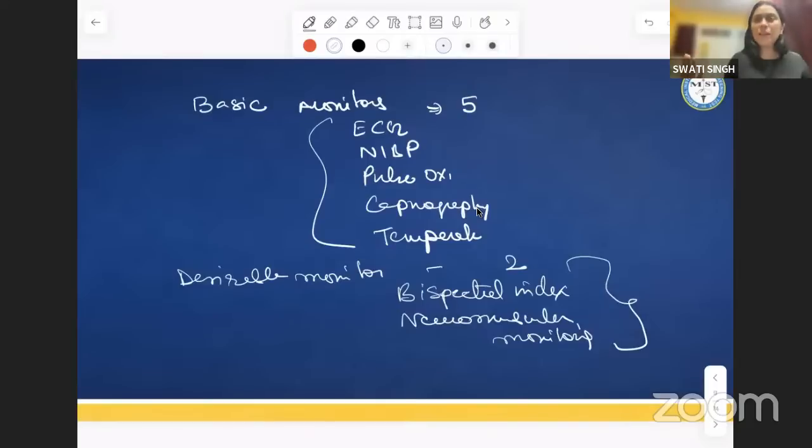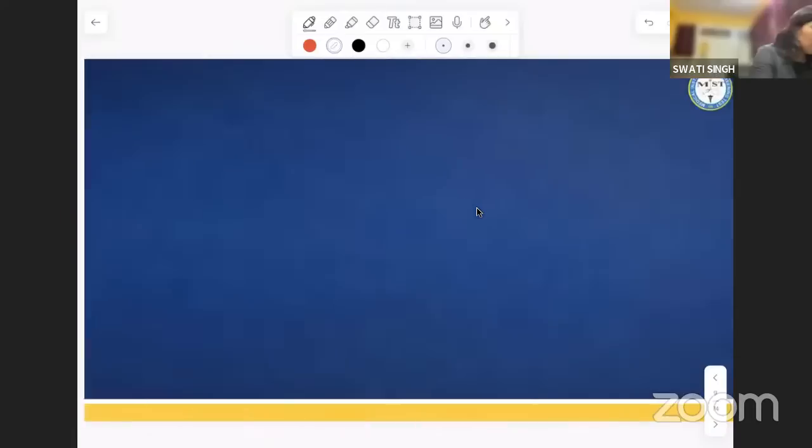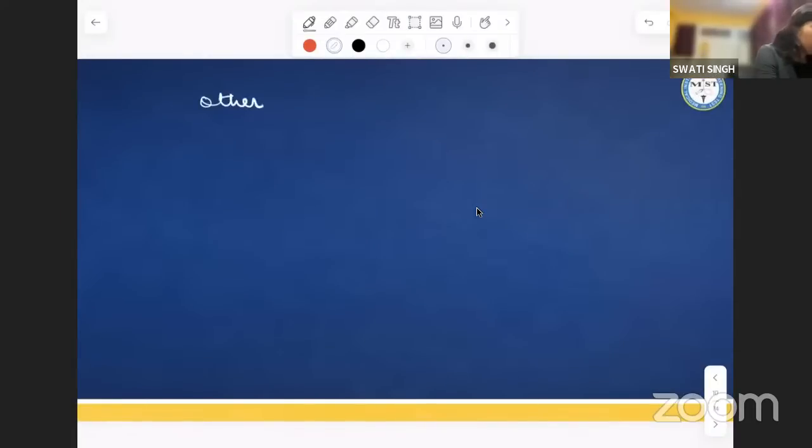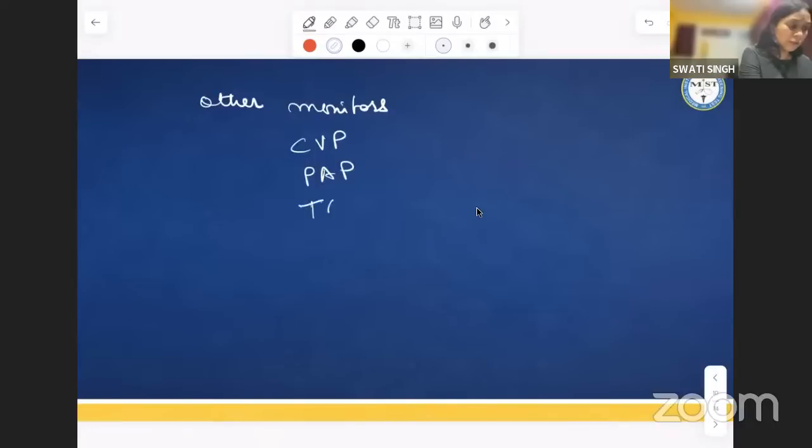And apart from these 7, 5 plus 2, any other monitor we attach according to the comorbidity of the patient and according to the type of surgery, right? So what are the other monitors? So many, guys, so many. Like in the options, CVP monitor, or pulmonary artery pressure monitoring, or transesophageal echocardiography, or invasive blood pressure monitoring. These are our other monitors.